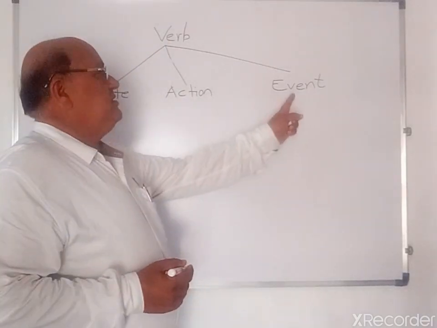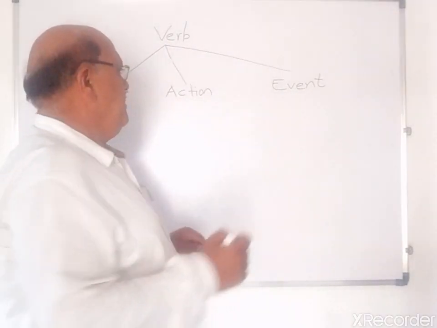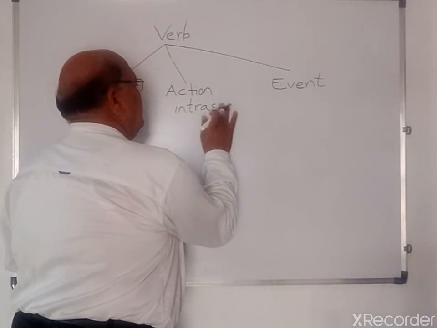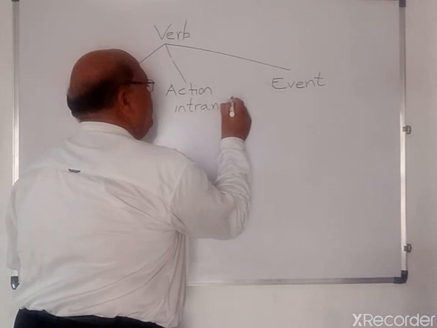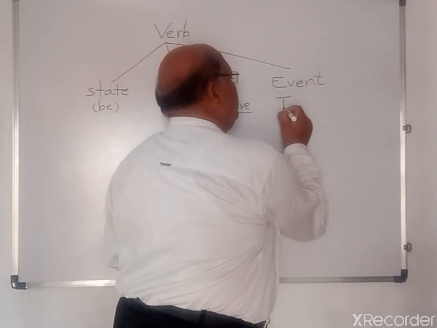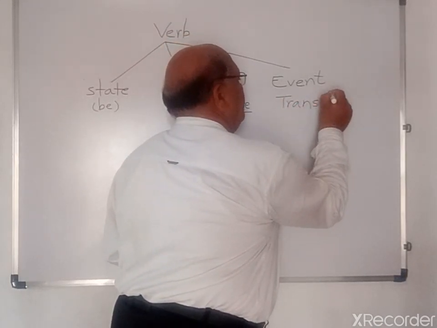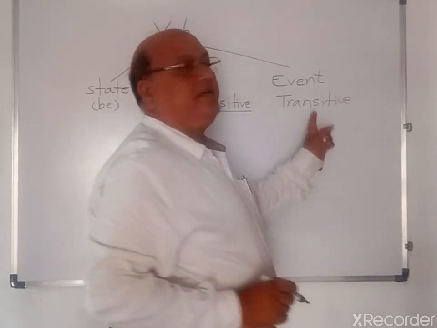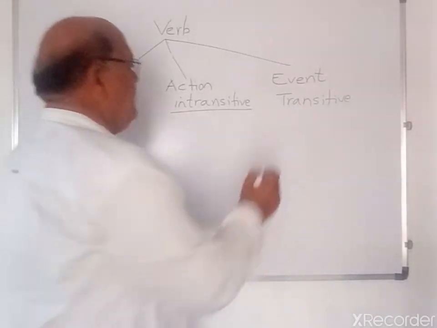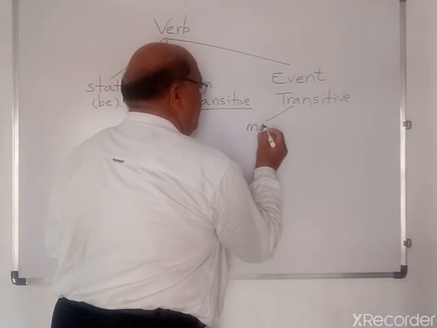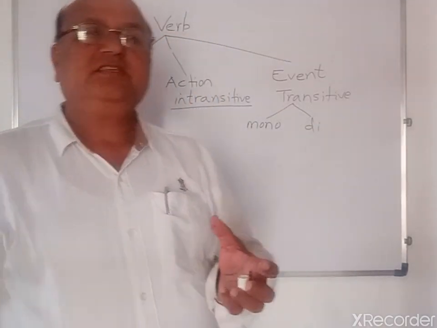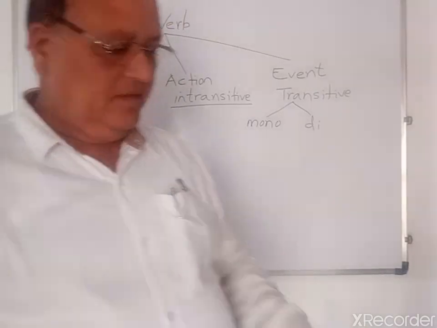And for this event verb, we can write action verb as intransitive, and event verb is transitive. They take object. They are of two types. One is monotransitive, the other is ditransitive.